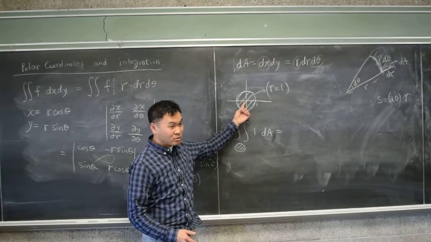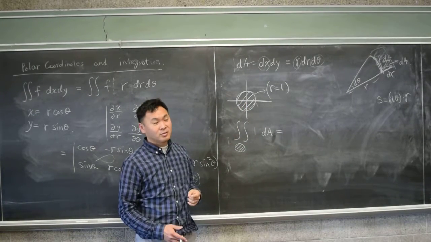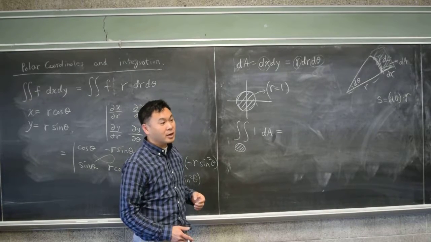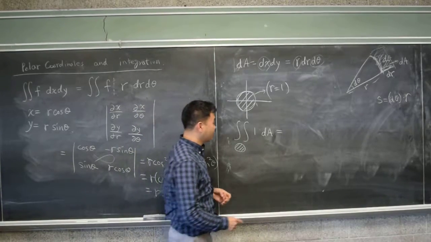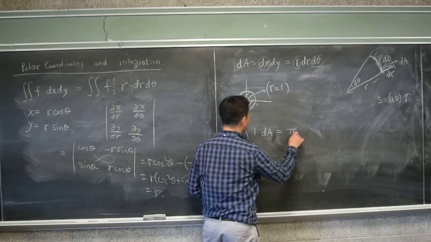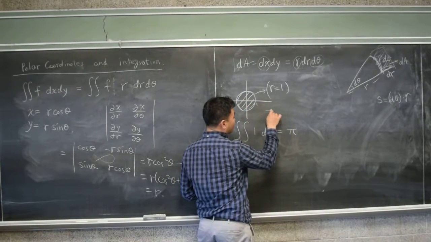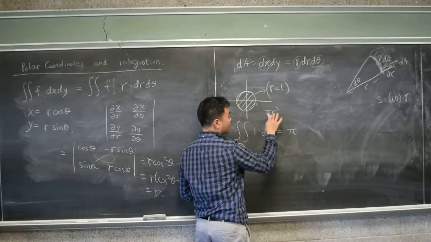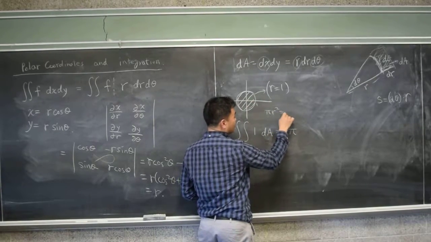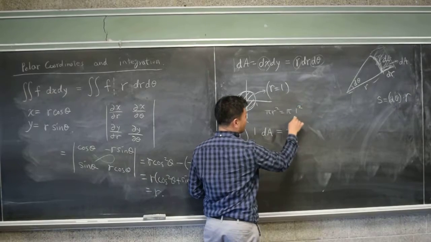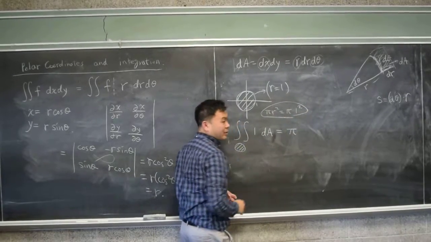I'm talking about this one. It should be pi, right? The formula for area is pi r squared. The radius here is 1, so this is pi times 1 squared. So that's just pi. It has to be pi.